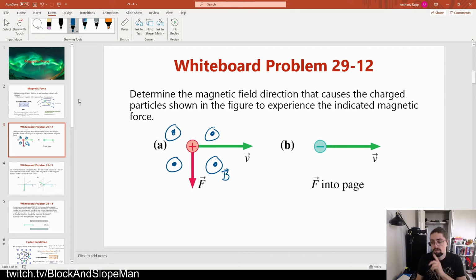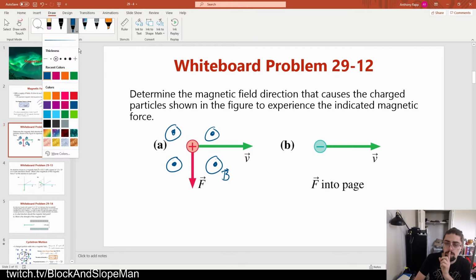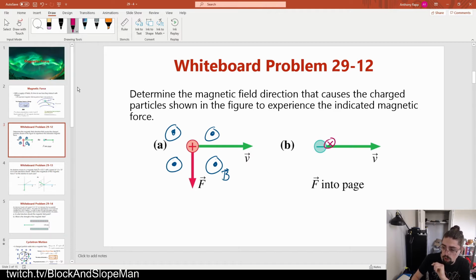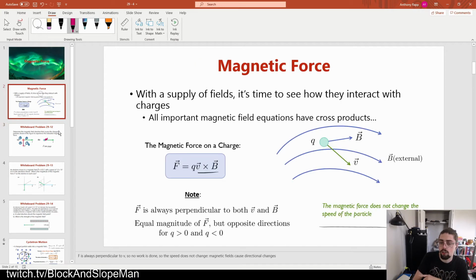Now, part B is a little bit strange. Let me go ahead and draw this force. F is going into the page, so we'll draw it like this, slightly off to the side. Now, here's the problem. This one's a little bit different because we're not dealing with a positive charge. This equation right here, much like with the electric field, depends on the sign of the charge.